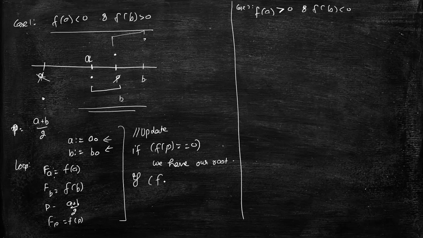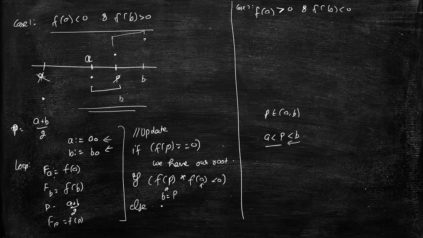If FP into FA is less than 0, which means FP and FA have different sign, then since we know that P belongs to A and B because A and B are not equal and P is midpoint of A and B, then we know that A, this and this. So our new set of interval will have points A and P, so B will be updated as P. So we will take B as P because the interval will be reduced from right hand side.